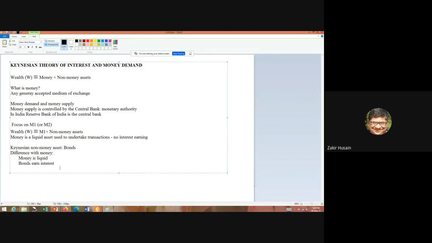Now you can argue that if you look at M1, M1 is cash at hand and it also includes the savings account. Now you earn money on savings, don't you? But if you account for inflation, as it is, the interest rate is very low, about 3%, 4%.